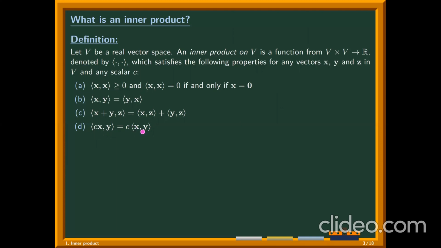Beware of what's happening in both sides. On the left hand side, we are taking the scalar multiple, so this is a vector, but here we are multiplying c by the inner product. So this is usual multiplication of real numbers. So these are the four defining properties of an inner product on a vector space. And a vector space endowed with an inner product as above will be called an inner product space.